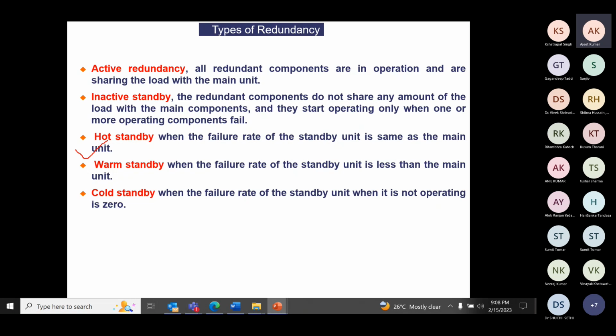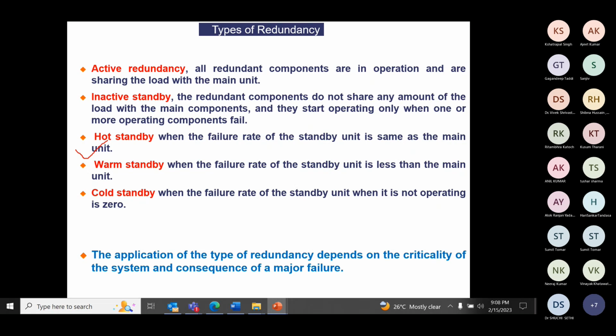Both are working. So depending upon your application, depending upon what kind of criticality, what kind of failure you can tolerate, suppose you are linked with a server which you want always up, you need a different kind of redundancy. Redundancy always increases cost, but depending on the application, we can design standby systems.